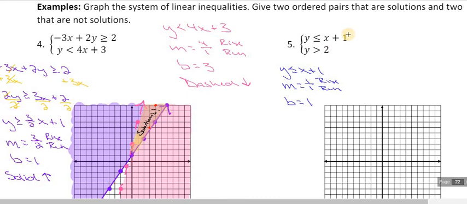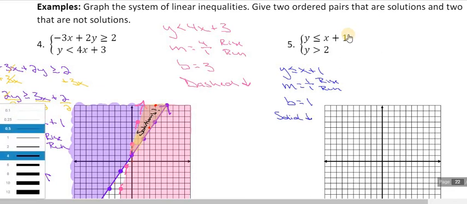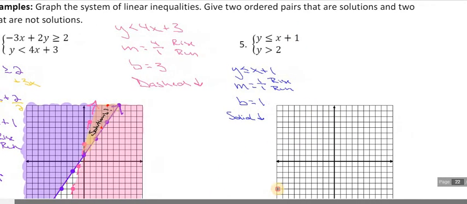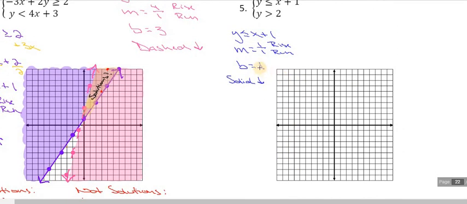Because it's less than or equal to, it is a solid line shaded below. So if I get my plotting tools ready, it would be a good idea to use 2 different colors or 2 different types of pens, or a pen and a pencil. So if I start with my y-intercept of positive 1, slope of 1 over 1, rise 1, run 1, this one has a ton of nice plottable points.